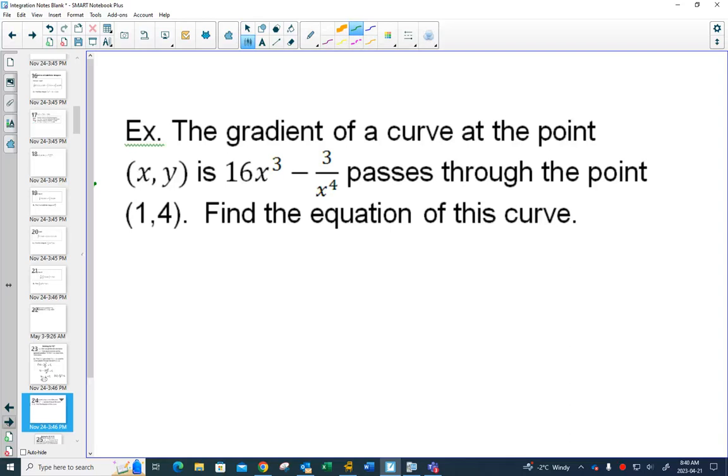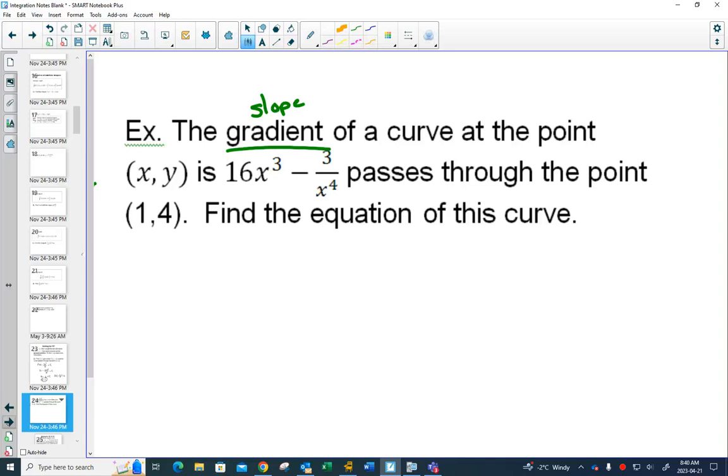So on this one, it tells us the gradient. Again, that's another word for slope. The slope of a curve at the point x comma y is 16x cubed minus 3 over x to the 4. What are they telling us? They're telling us about the tangent, the slope of the curve at that point.